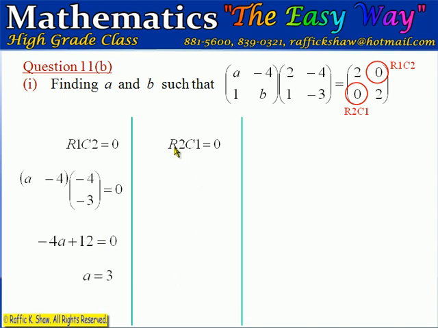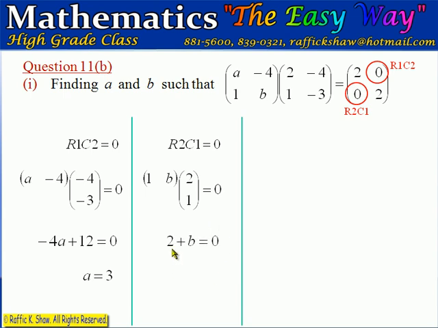And then on this side, we are multiplying row 2 by column 1, and the result is 0. The second row multiplied by the first column is equal to 0. That's what we have here. So it is the row (1, b) multiplied by the column (2, 1) is equal to 0. And so 1 multiplied by 2 plus b multiplied by 1 is equal to 0.